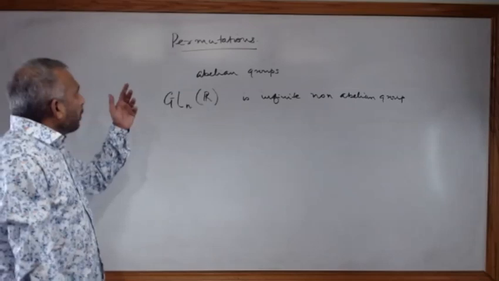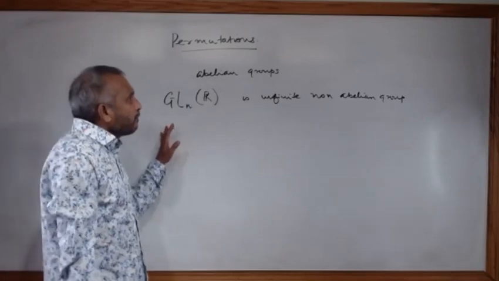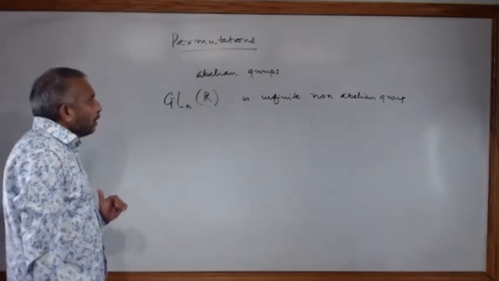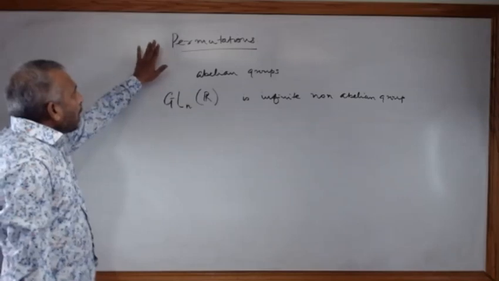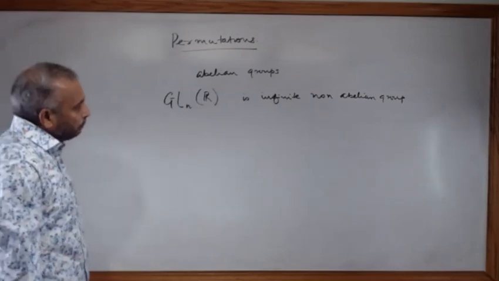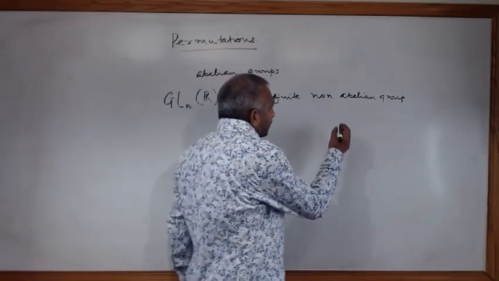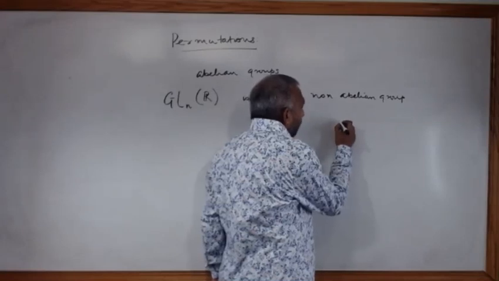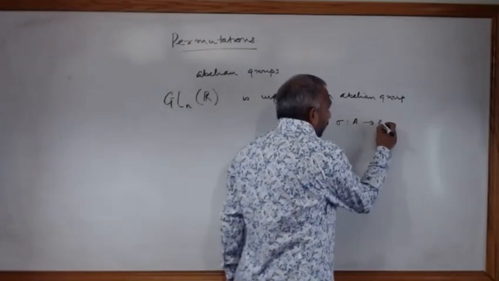In this chapter on permutations, what we are trying to do is to create a finite non-abelian group. For that, we are going to use the permutations which you already learned in elementary algebra. A permutation is, by definition, a bijective map from a set to itself.